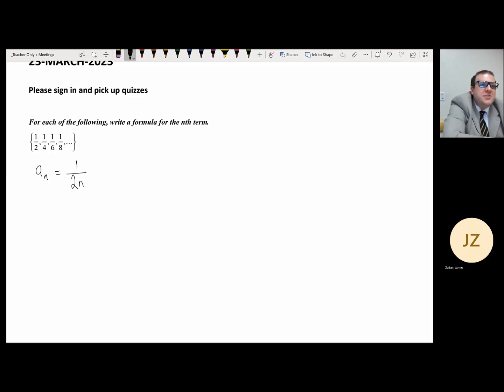So 1 over 2n, and that is for n greater than or equal to 1. The reason we don't want a recursive formula is because it specifically says find a formula for the nth term. With this, I can then say, what is the 223rd term in the sequence? It'll just be 1 over 2 times 223. So you can find every single term in the sequence.